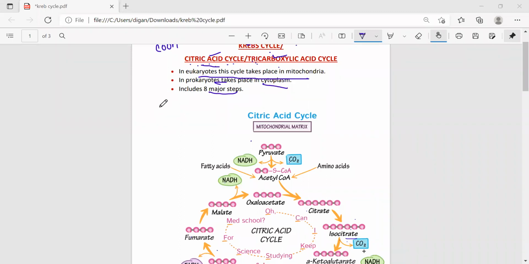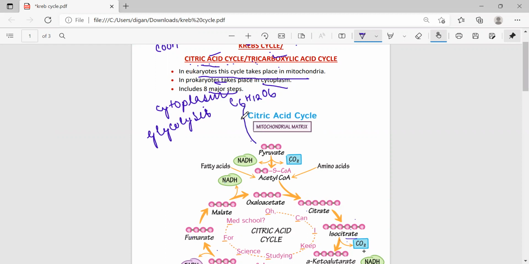In aerobic respiration, first in the cytoplasm, the glycolysis process takes place. Glycolysis is the first step of aerobic respiration. In this process, from the glucose molecule, that is the C6H12O6 molecule, pyruvate is formed.